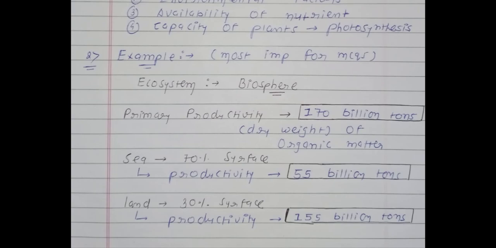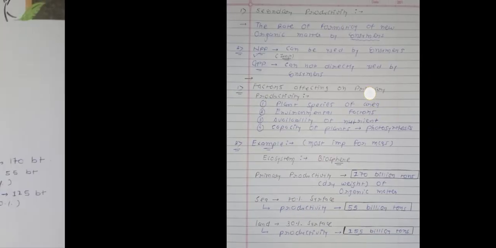But you will remember these numbers. Total primary productivity 170 billion tons, for sea 55 billion tons, for land 115 billion tons.